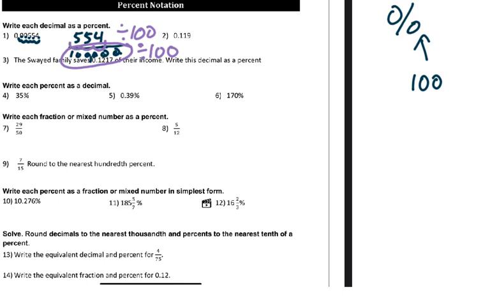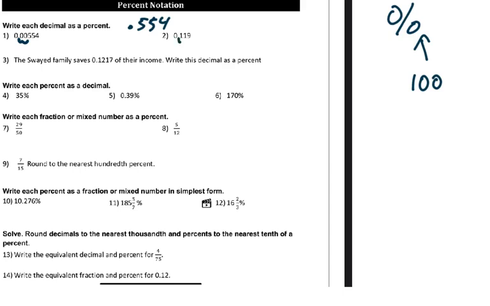If we go back to the original question and erase all of this, remember we got 0.554 as the final answer. What I really did is I just jumped 2 places. And that's really all you have to do.